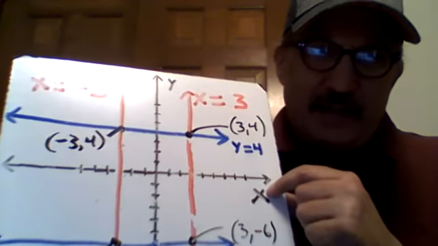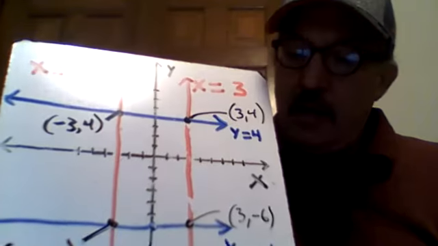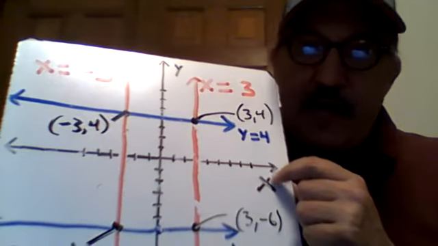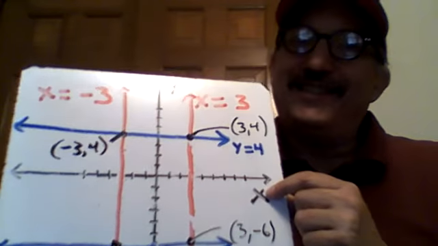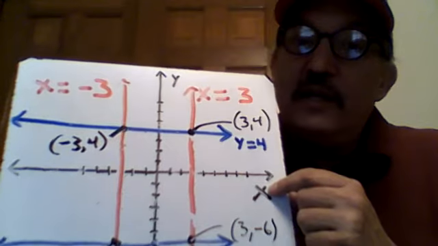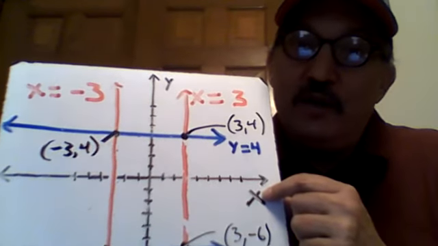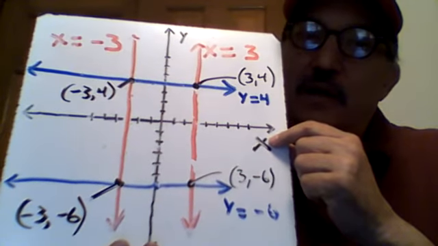See, here's the x-axis, which is horizontal. Here's the y-axis, which is vertical. But this x here on the x-axis, that's not the equation of the x-axis. Let's call it its name or its label, but it's not its equation. There is actually an equation for the x-axis. What do you think it might be? Think about it.